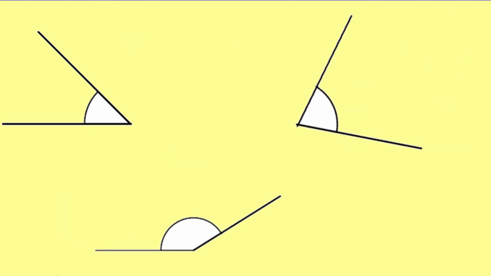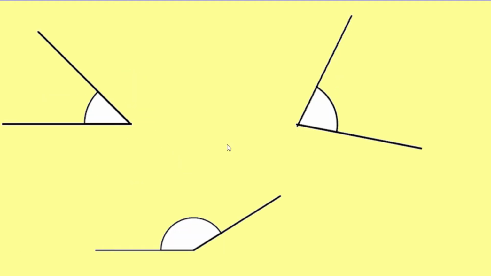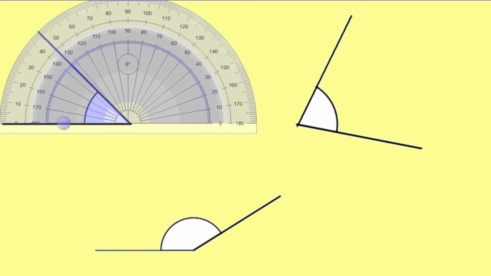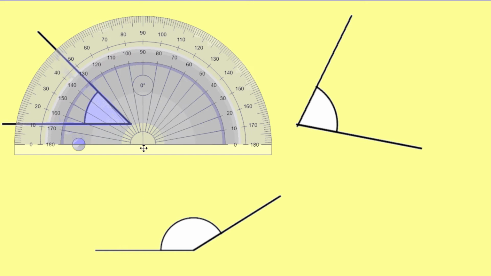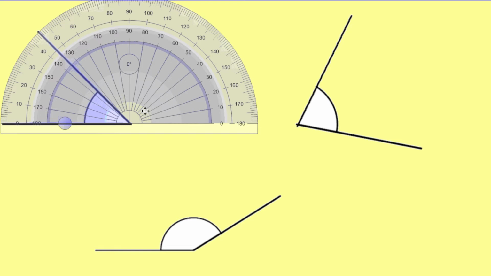Okay, so now we've got these angles, you have to learn how to measure them. And we're going to start by measuring these acute angles. So we need to get our angle measurer, our protractor, and make sure when we're measuring an angle that you put the center of your protractor into the middle of the angle, so right in the corner.